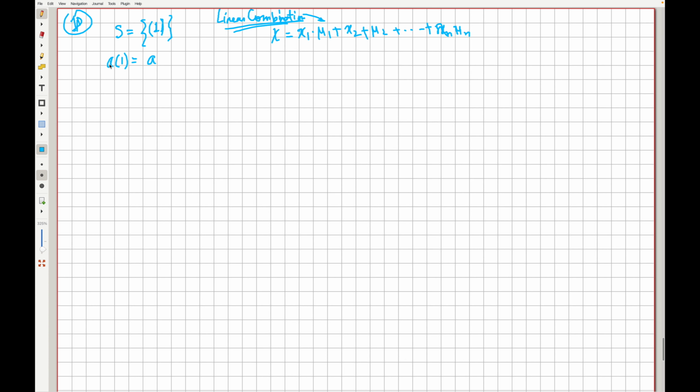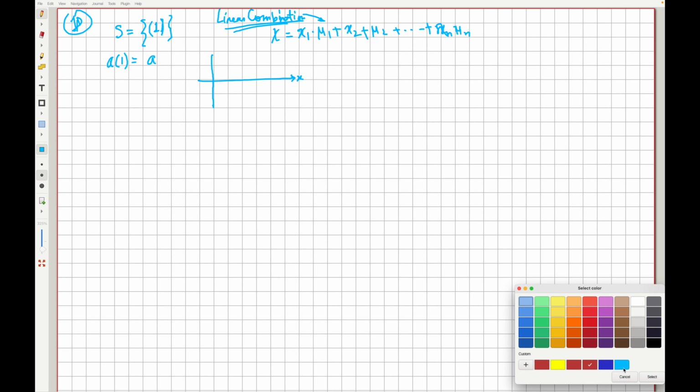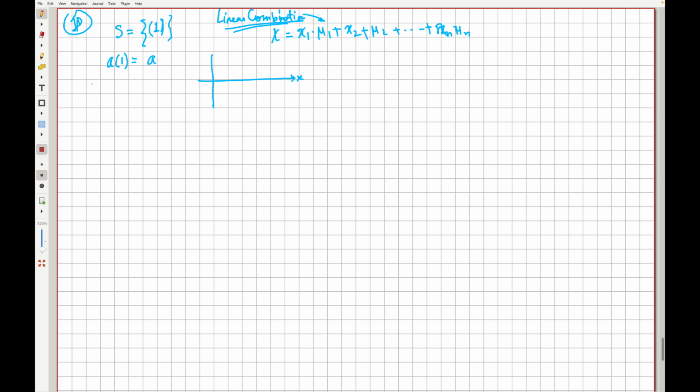So now if we try any number for a, we can get any point on that line. So if we think about our plot where we have this x-axis right here, and the vector that we have is 1, and let's say the value of a is 1, then we see that we can reach that point of 1.